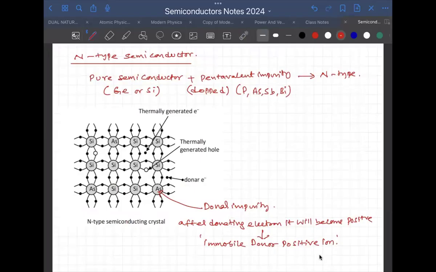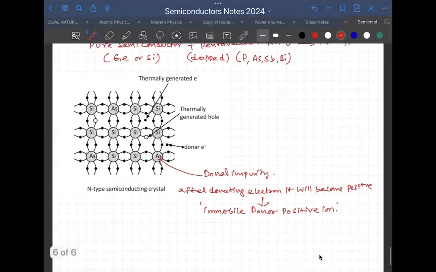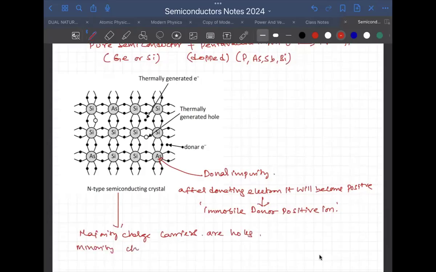So in N-type semiconductor, majority charge carriers are electrons and minority charge carriers are holes. I will explain this in band structure also.